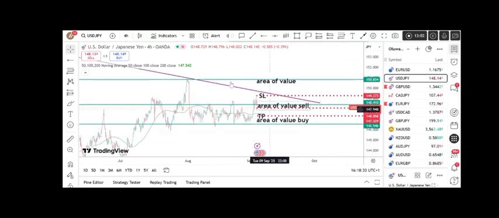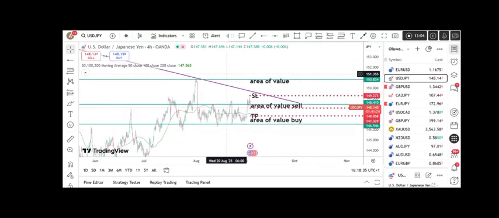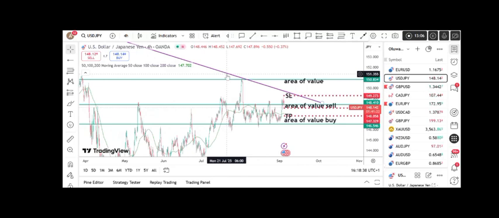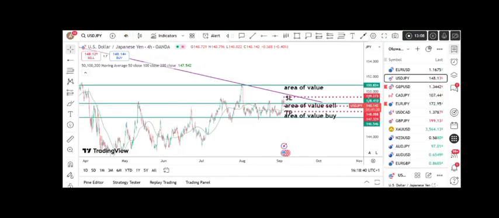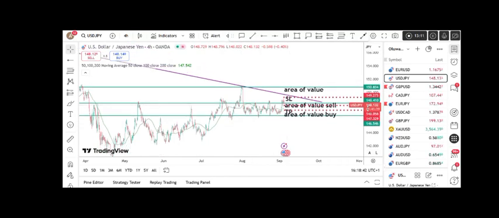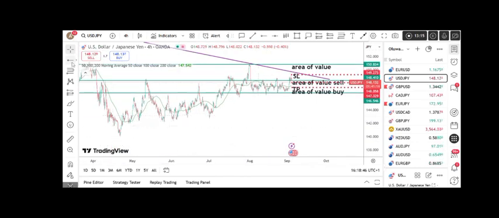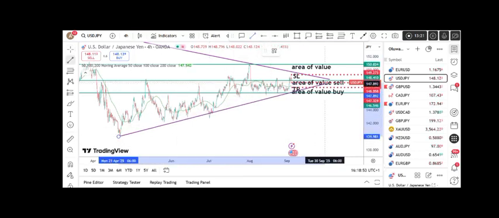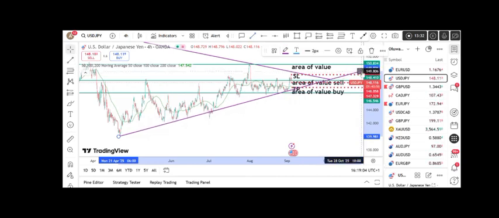From 4 hours you can see that the market is on a downward movement. But moving from here, there was a price rejection. So the market is creating a pattern. It's trying to create a head and shoulder pattern.